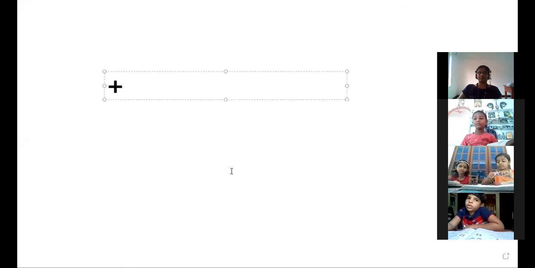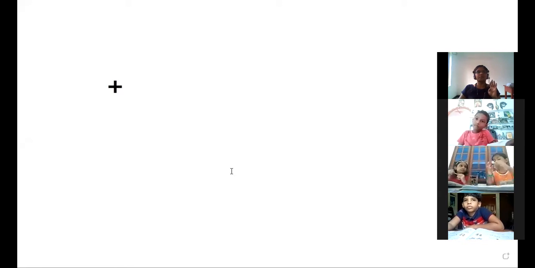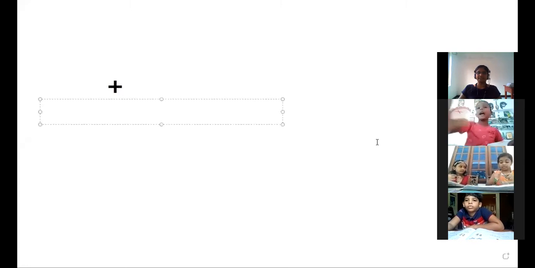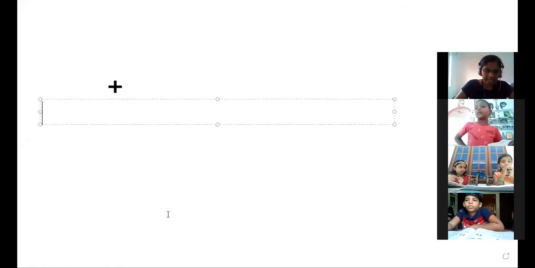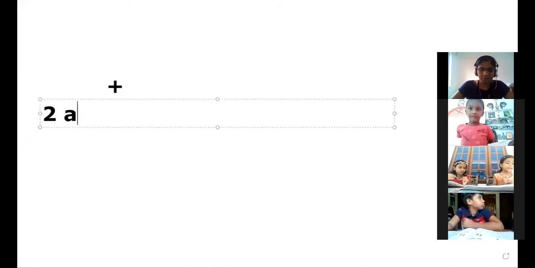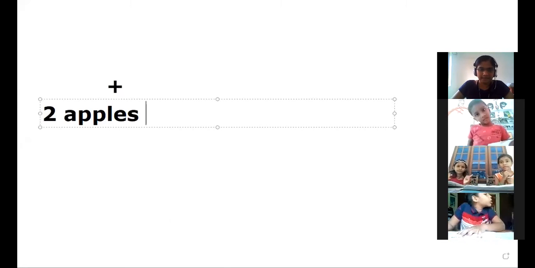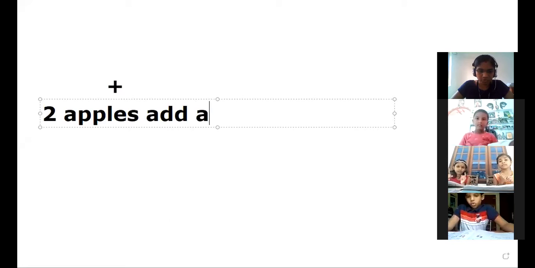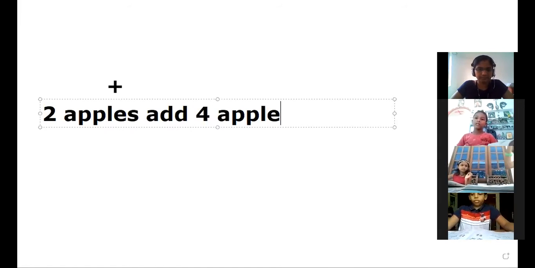This is the symbol for addition. When we have to write 2 apples and 4 apples, we write like this.